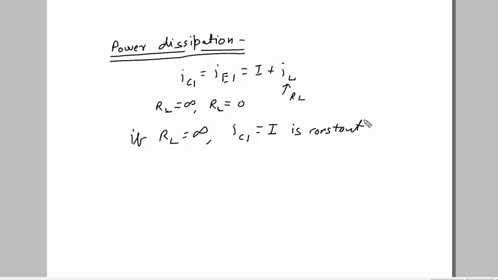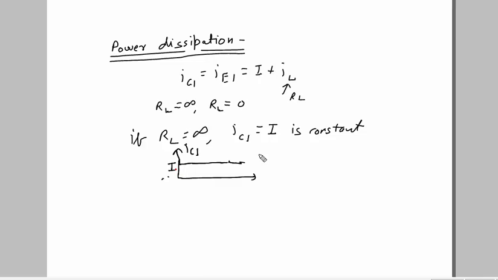Now the maximum power dissipation will occur when V0 equals minus VCC. Here I'll make a rough diagram only. See here, this IC1 equals I for RL infinite. Now what will be the maximum?